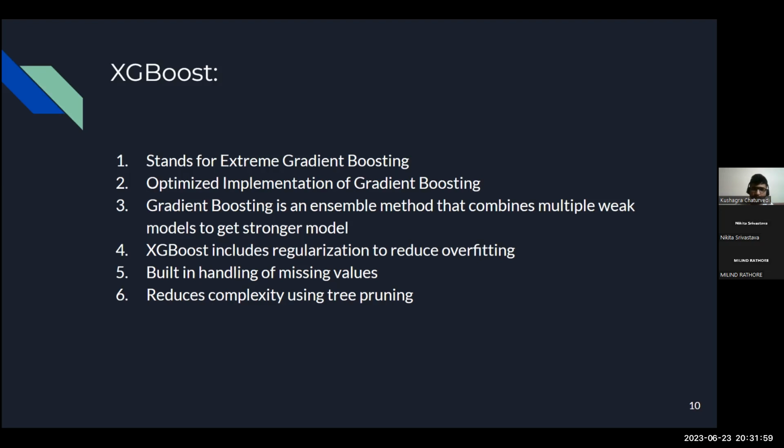Tree pruning helps in reducing the complexity of the trees, and thereby reducing overfitting. It also includes cross validation and parallel processing of trees, so it improves upon the efficiency and time that gradient boosting takes.